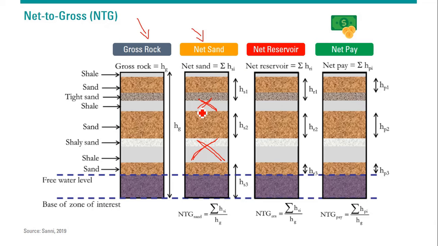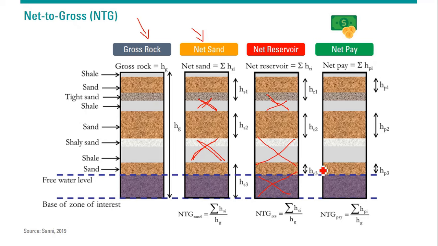And then we have net reservoir. Net reservoir will eliminate the water zone because the water zone will not contain oil. So we eliminate the water zone, and don't forget we eliminate the shale, so we have net reservoir 1, 2, and 3.